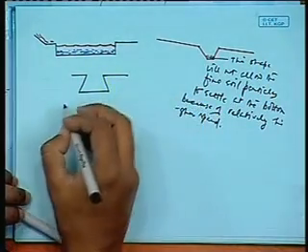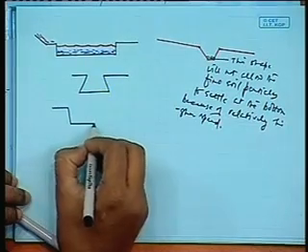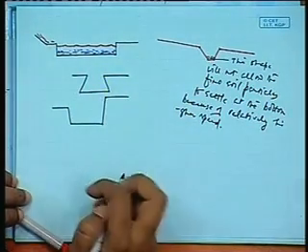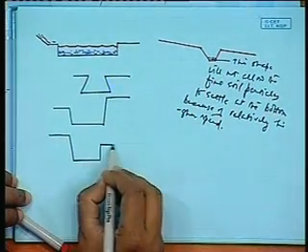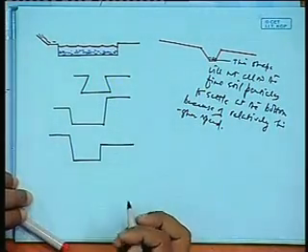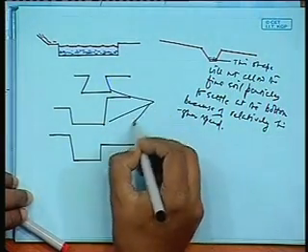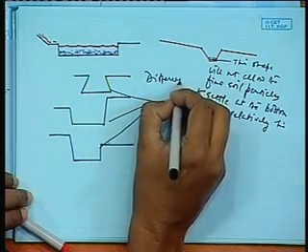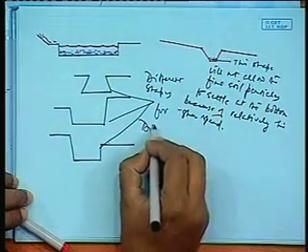And this kind of shape is also common, where one side is larger than the other, or say this one. So there are different shapes we can generally find for diversion ditches.